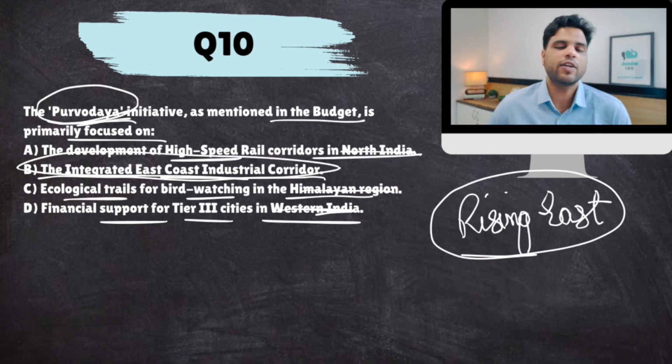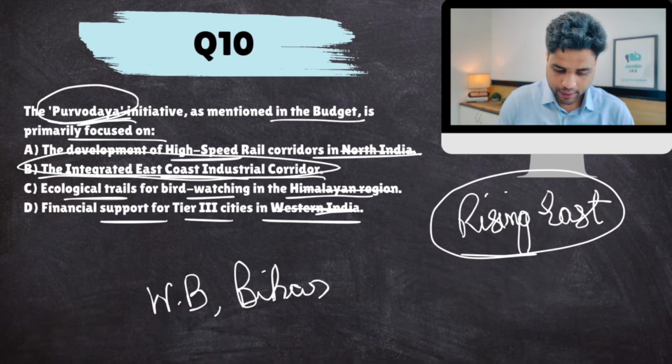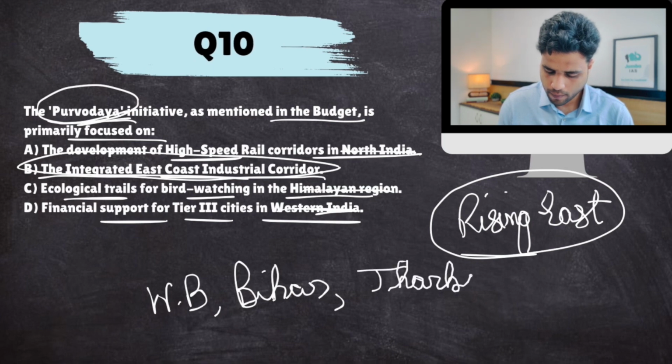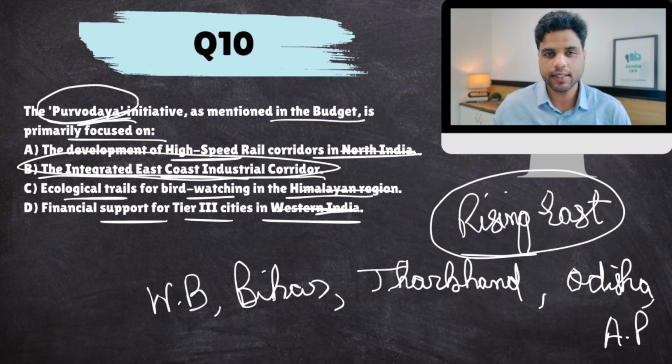So basically, government wants to develop Eastern India, which includes states. Government through Purvodaya initiative is going to focus on the following states: West Bengal, Bihar, Jharkhand, Odisha, and Andhra Pradesh. Now, these eastern states would be developed. There would be good highways, railway projects, transport infrastructure.